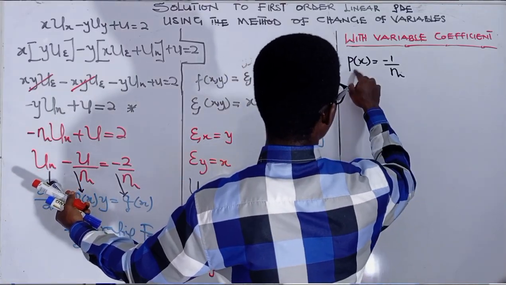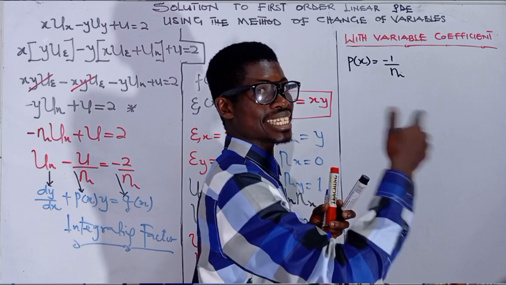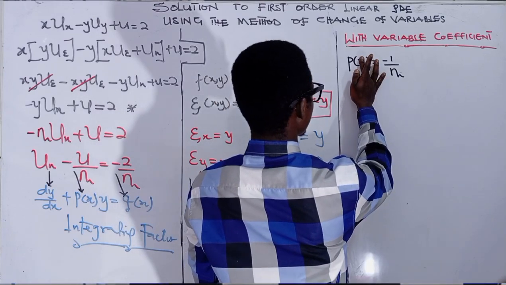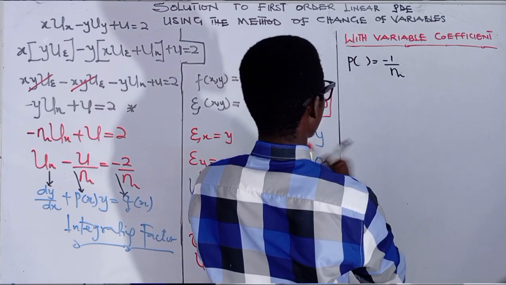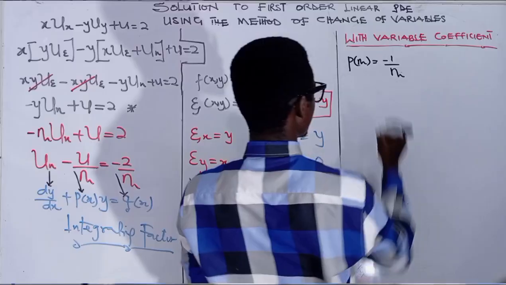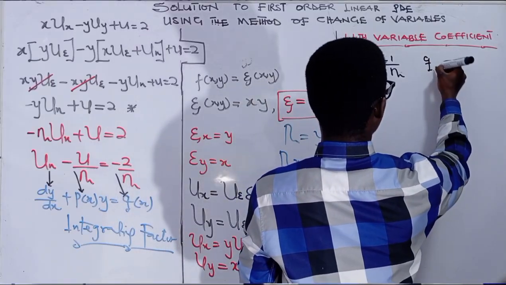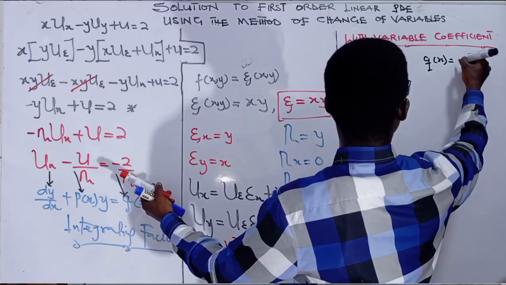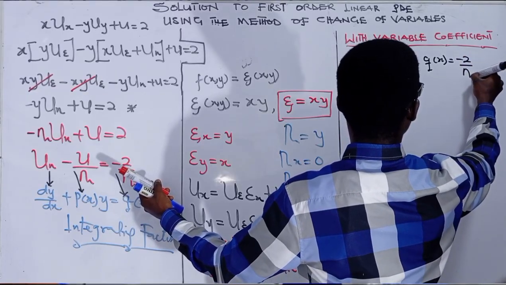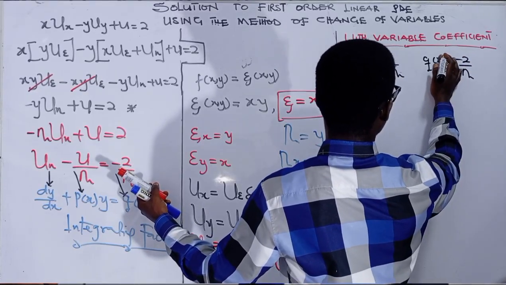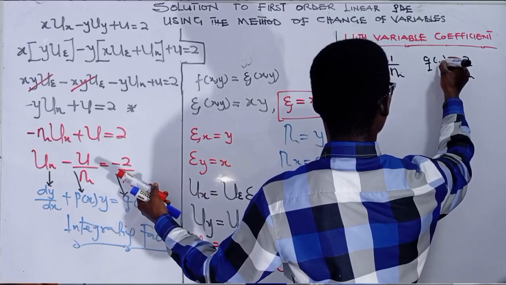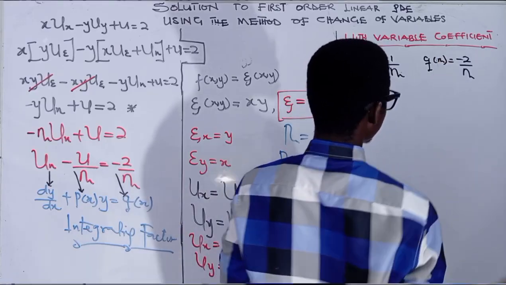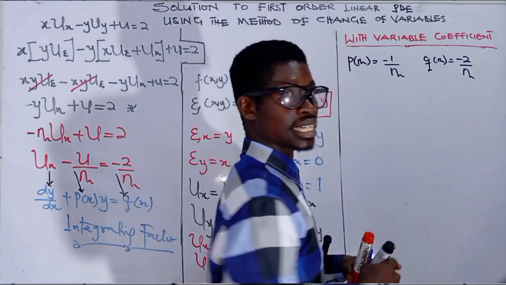So our p of x is going to be what? p of η. So we have p of η, and then our q of x is what? This one, that is -2 all over what? η, and we are dealing with what? ξ and η. So this q of x will become q of η. Very, very easy and then simple.